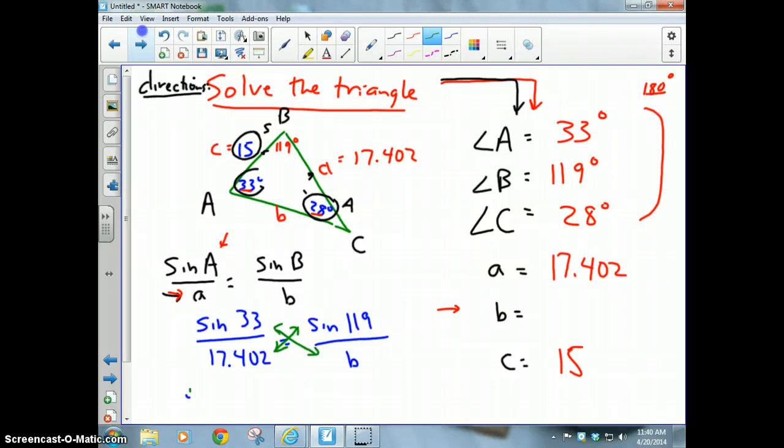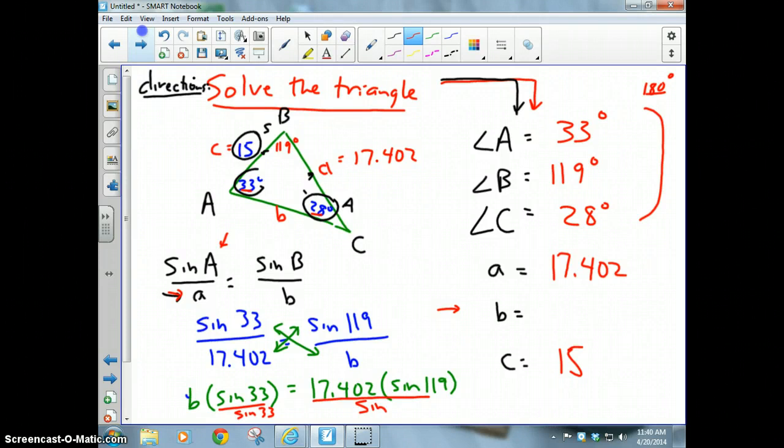If I do that, I get b times sine 33 is equal to 17.402 times sine of 119. And just like I did before, I'm going to divide by sine 33, so these cancel out.